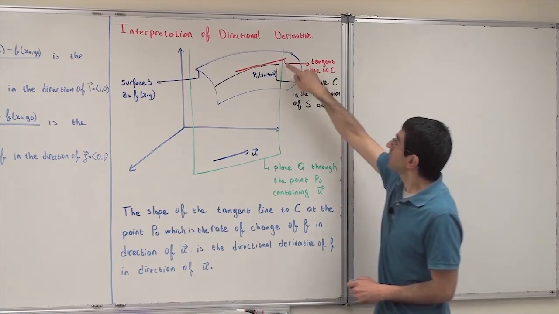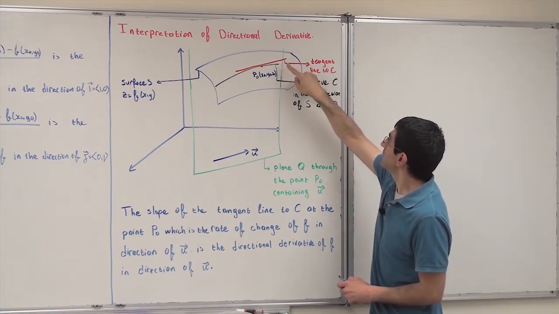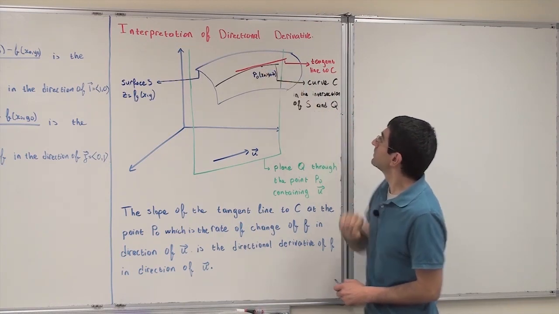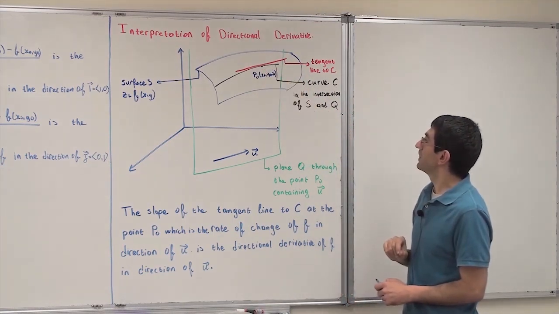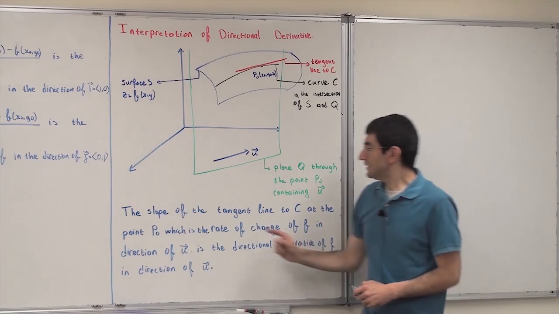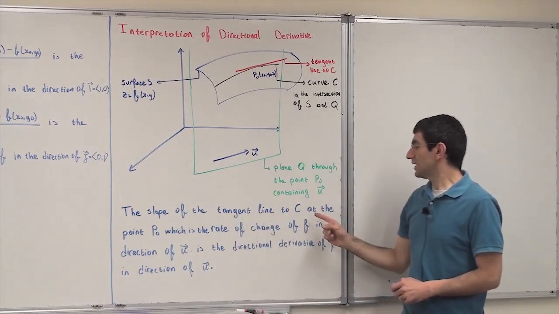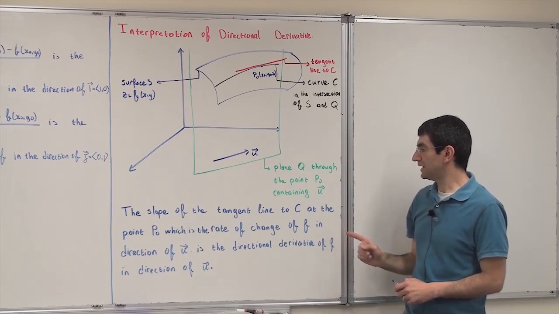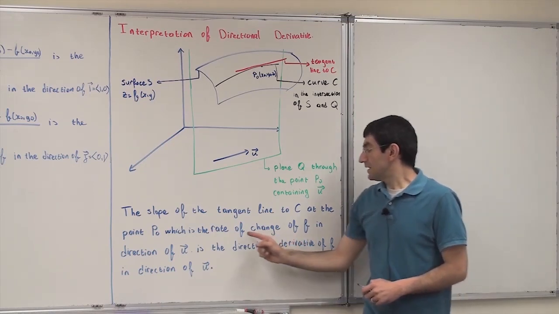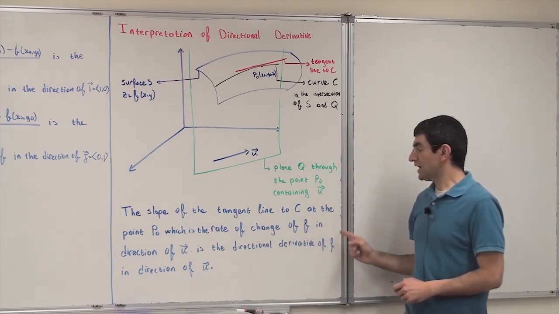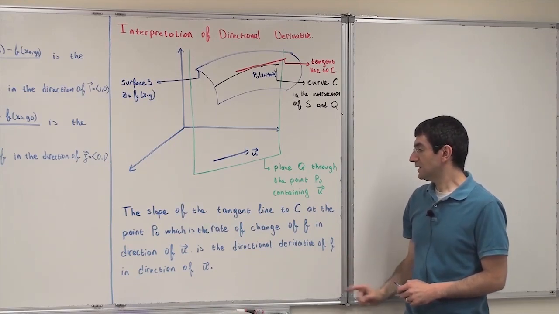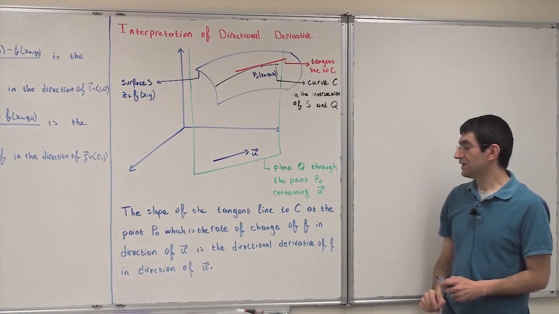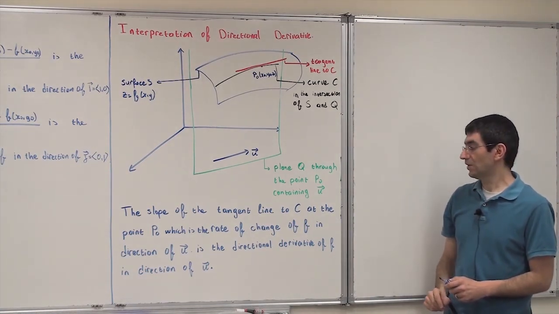Then I consider the tangent line to this black curve C at the point P0. Then the slope of the tangent line to this curve C at the point P0, which is the rate of change of f in direction of u, is the directional derivative of f in direction of u.